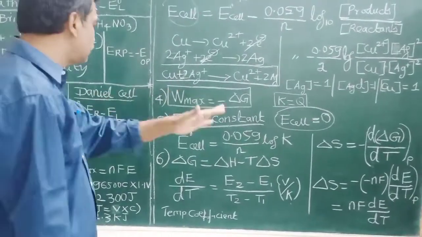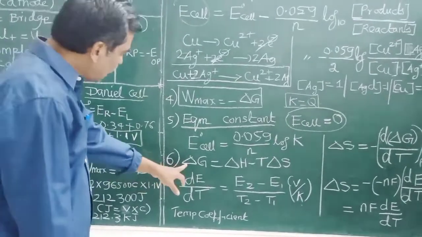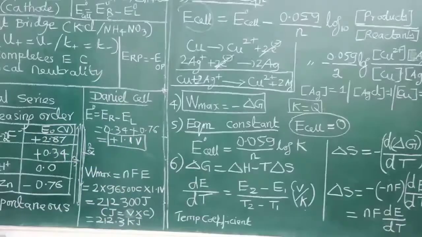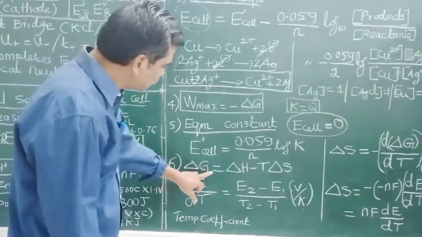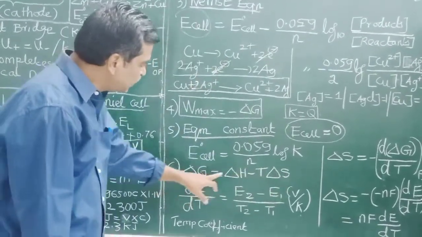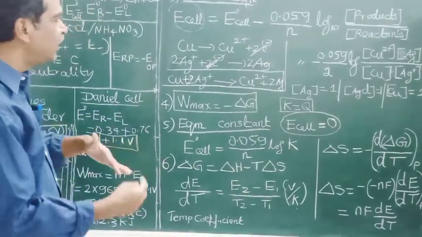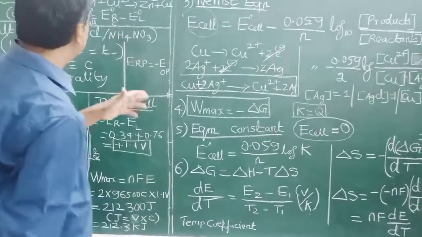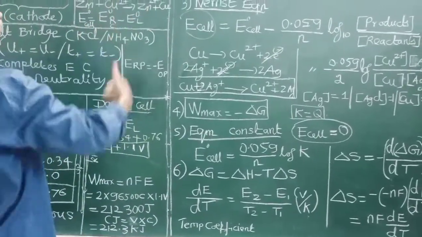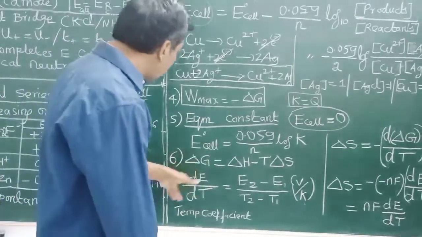There are several applications of EMF. By measuring the EMF of the cell, and we know from the second law of thermodynamics, delta G equal to delta H minus T delta S, where delta G is the change in free energy, delta H the change in enthalpy, the change in heat content. We can calculate the thermodynamic parameters for various electrochemical reactions using the electrode potential.